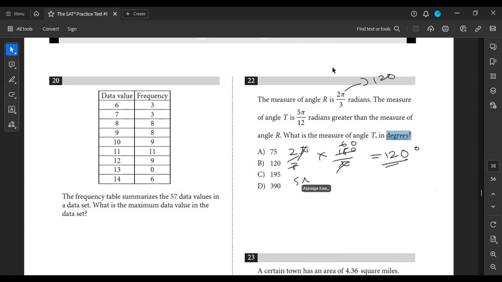And then 5 pi over 12. 12 into 180 is 15. 15 times 5 should be 225, I think. Oh, 75 rather, sorry. It's bad math. So 75.